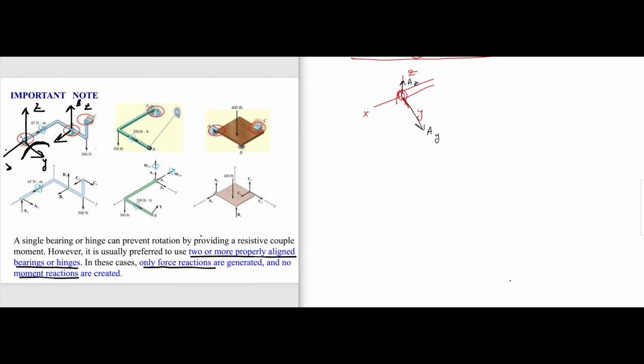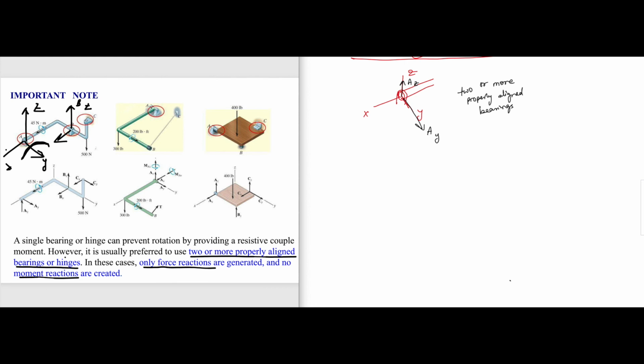So what I'm trying to say is when you have two or more properly aligned bearings, you're not required to draw moment reactions.